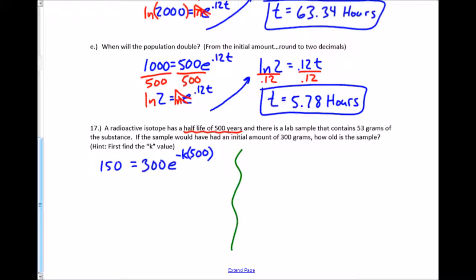And now I can solve this for k. So I'm going to divide each side by the 300. So I get 0.5 equals e to the negative 500k. I take the natural log of each side. Natural log and e cancel. And now I'm going to divide by this 500.